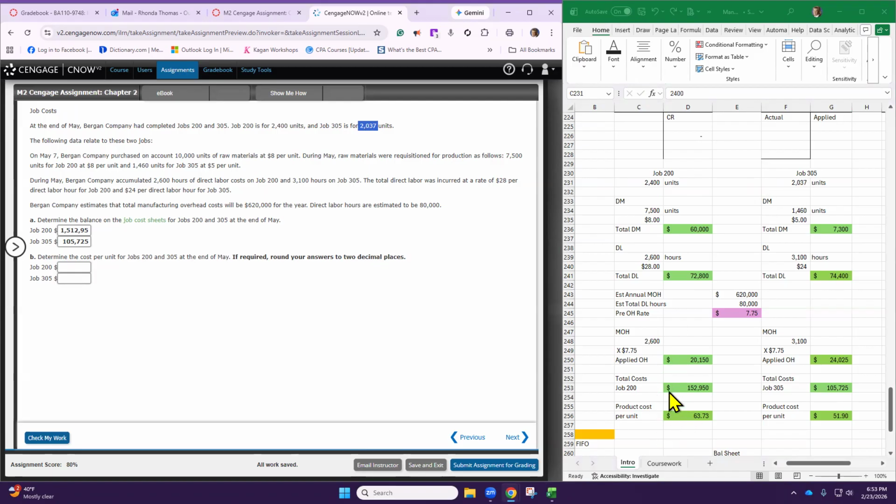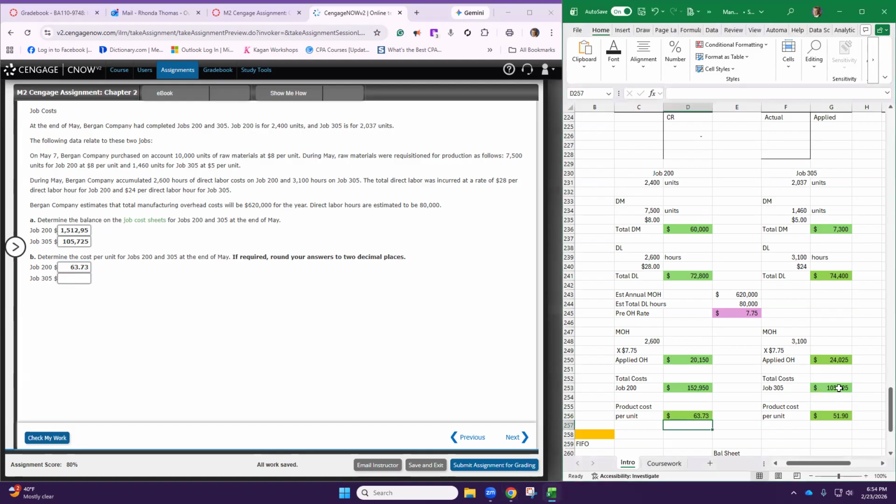So what we're going to do is take this total here and divide by the number of units. Okay, so total amount divided by the number of units gives us a product cost per unit of $63.73.